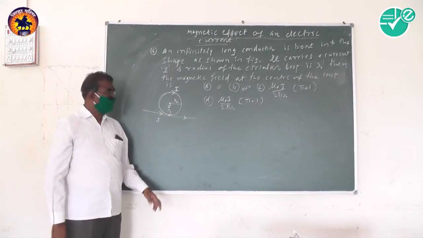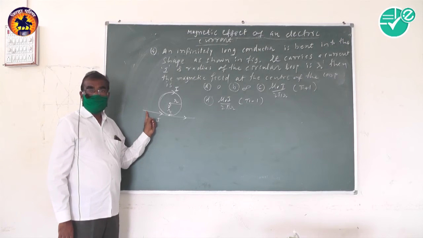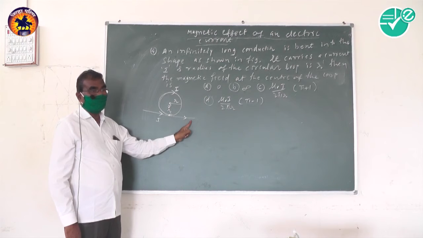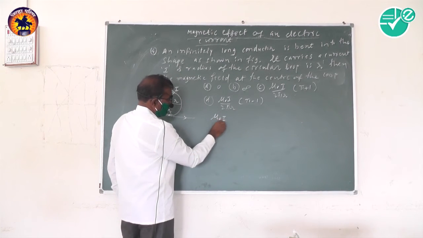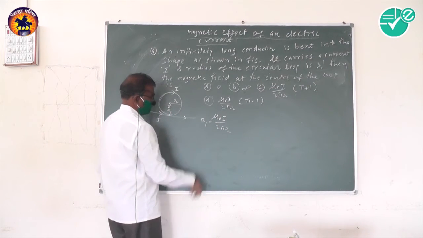First of all, we have to find the magnetic induction at the center due to the straight conductor, which is mu 0 I upon 2 pi r, that is B1.